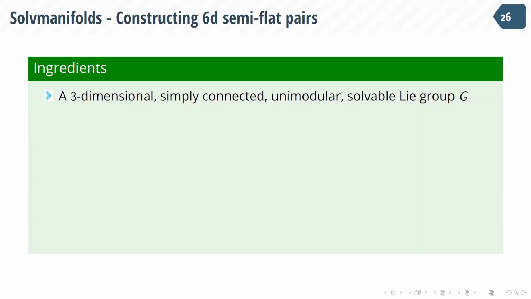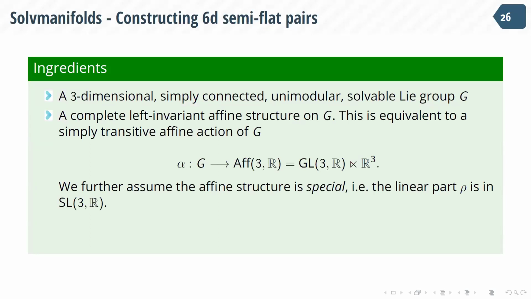So the ingredients that we use are the following. We start from a three-dimensional, simply connected, unimodular, solvable Lie group G. We choose a complete left invariant affine structure on G. This is equivalent to choosing an affine representation, or a simply transitive affine action of the group. We assume that the affine structure is special, so that the linear part lies in the special linear group.